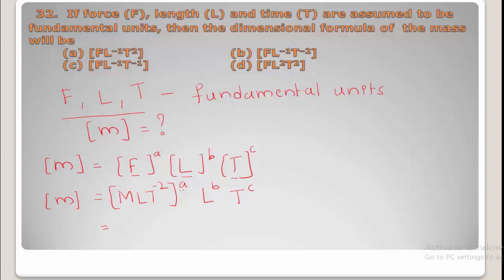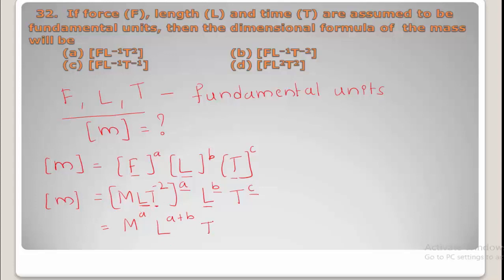So club the powers A, B and C. Here M raised to A is one term, and L raised to A is one term, and L raised to B is one term. So this becomes L raised to A plus B. Base is same and the powers are added.